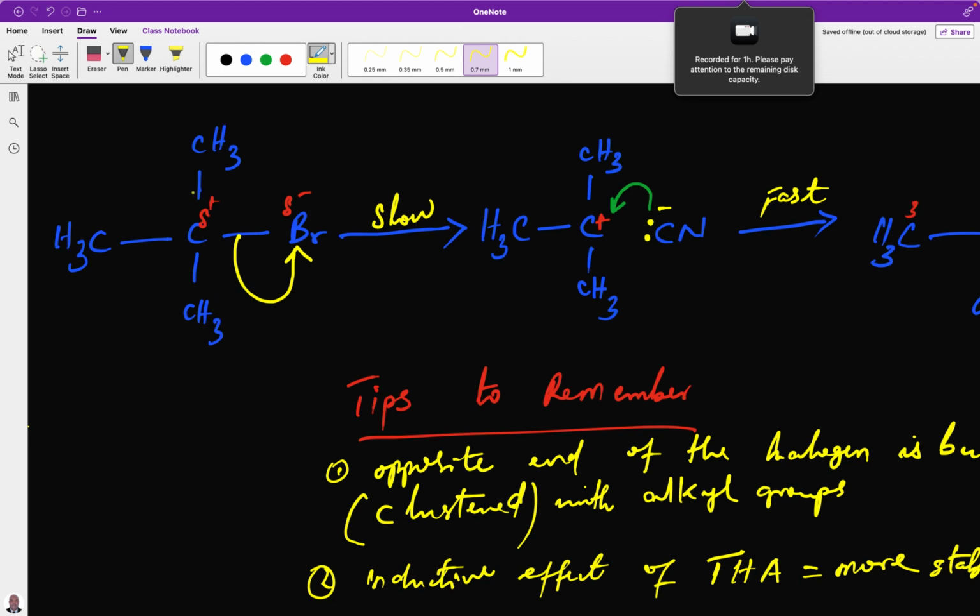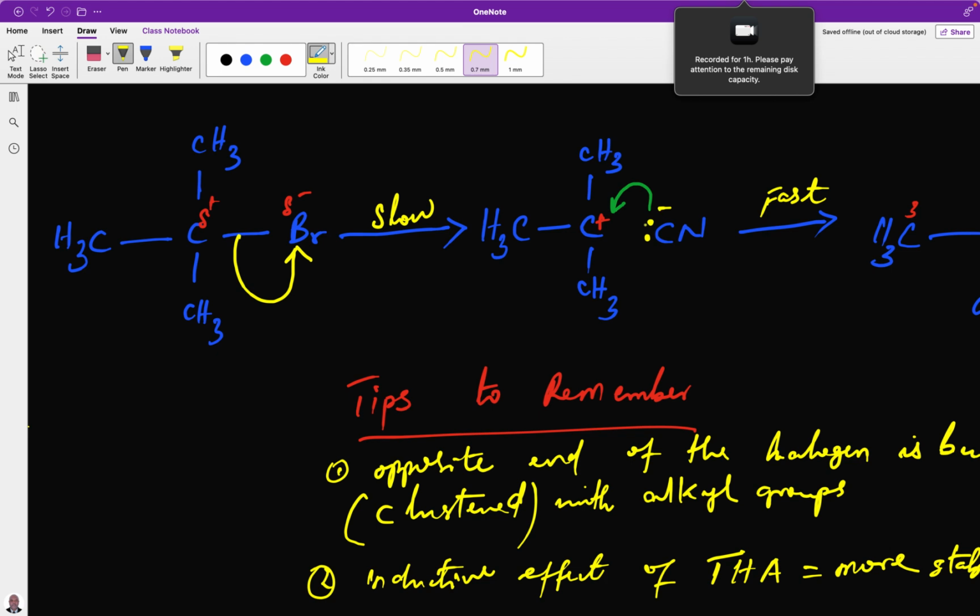They are electron donating onto this positive carbon, pushing electrons from themselves into the positive carbon, thereby reducing the charge density on this carbon, and making this compound more stable. And when it is more stable, it cannot undergo SN2.